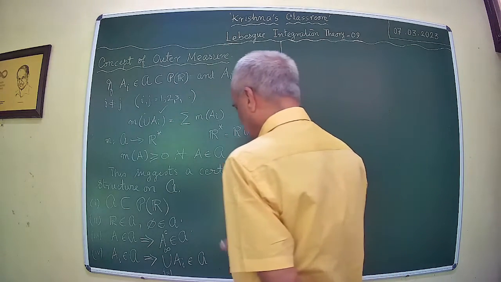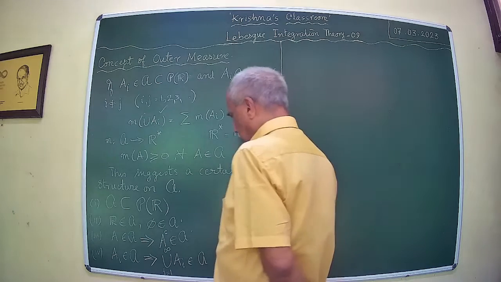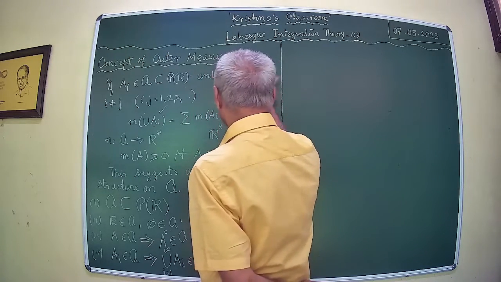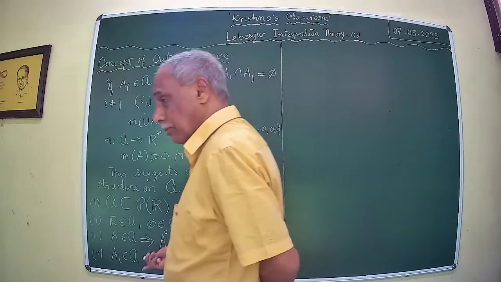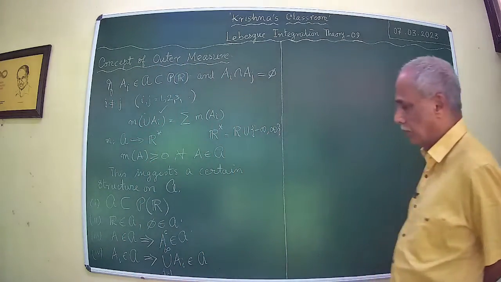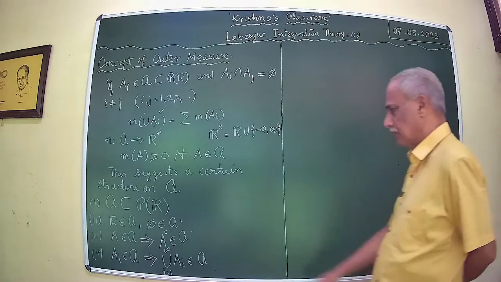Okay. So, of course, here we are not putting the restriction that A_i intersection A_j is empty. It may be empty or may not be empty. So that does not matter. There may be overlapping, but still you should have this.